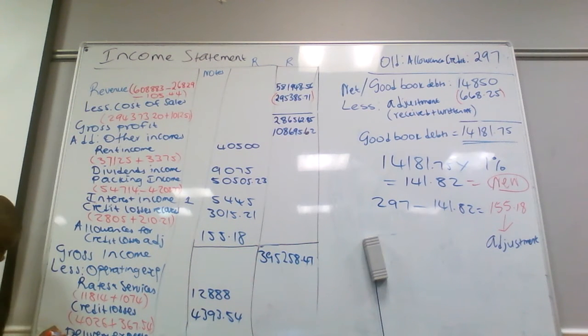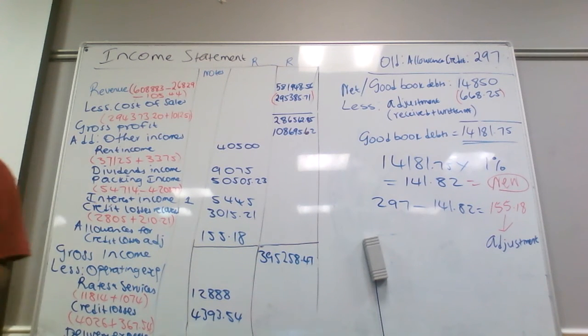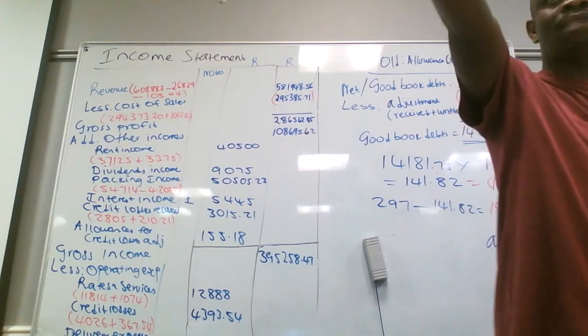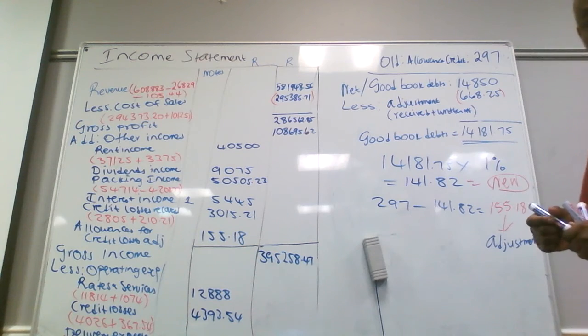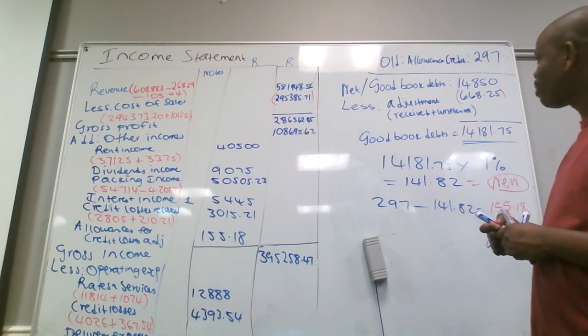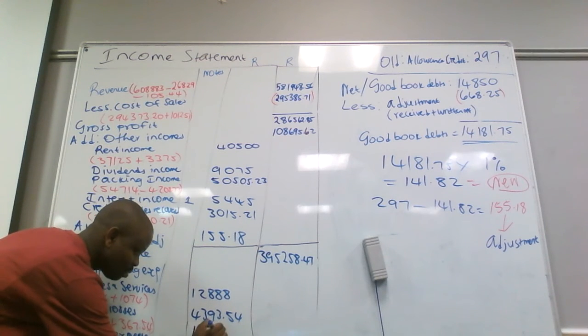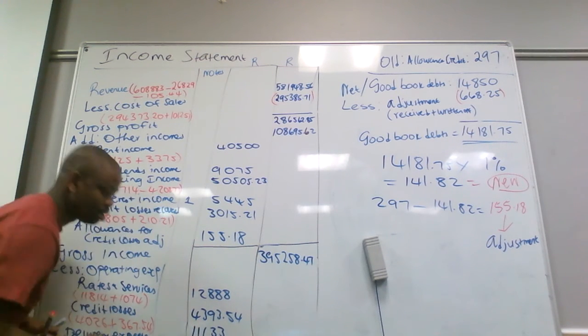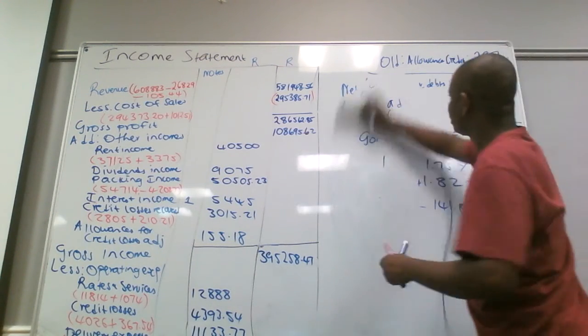Subtract 548.23. Please check the amounts there, try to squeeze everything in, and tell me how much you get. 11,133.77. Thank you very much. Double check, guys. Independent verification.